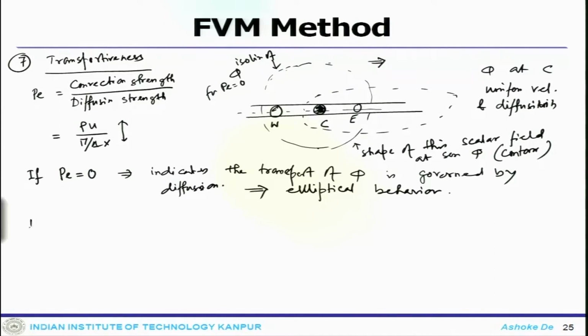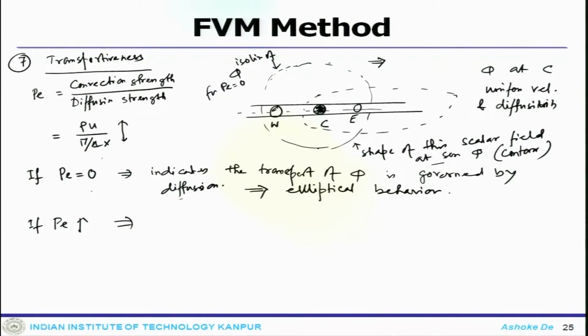Now, if you increase the Peclet number, the motion of this fluid particle, which has some uniform velocity and diffusivity, will be represented with some isocontour of phi. They are governed by these two ratios, which is given a number, the Peclet number, between the convection and the diffusion. If Peclet number is 0, then primarily it is governed by diffusion.